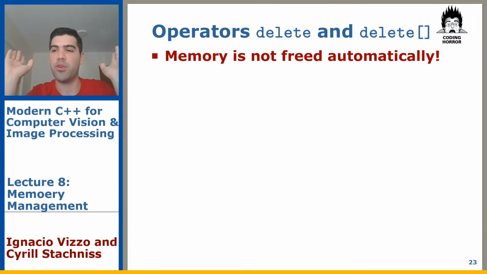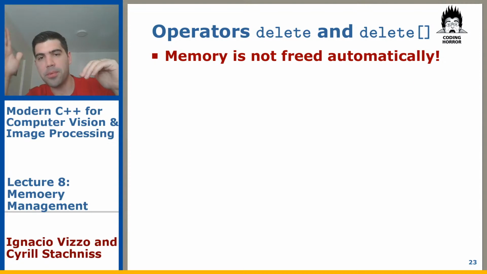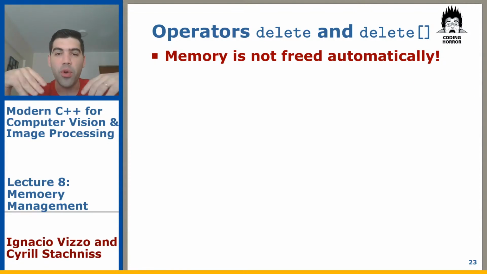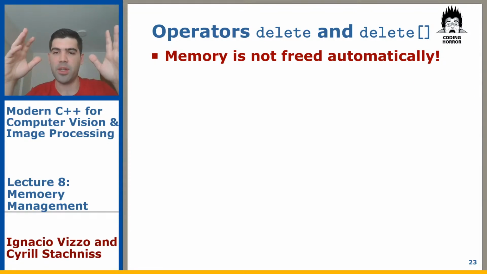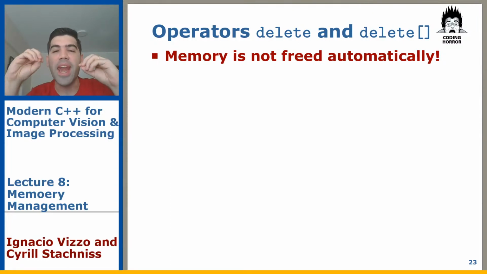That's enough, I already used this memory, just free it. So delete is the equivalent to the free operation in C, and this will free the memory so that any other program can now use this address of memory. The memory is not freed automatically. C++ does not have garbage collection. Java, for example, does.